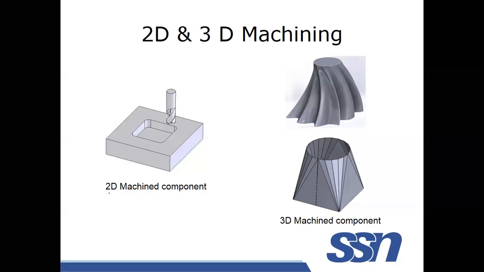So in order to make a two-dimensional component, we need to have minimum three axes. In case of three-dimensional machining, we may require minimum 4 plus axes simultaneously moving, so that we could be able to make this kind of complex shapes.